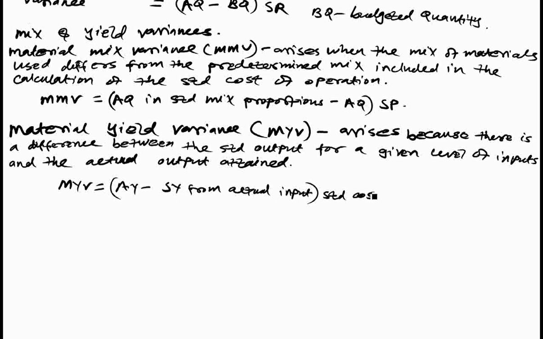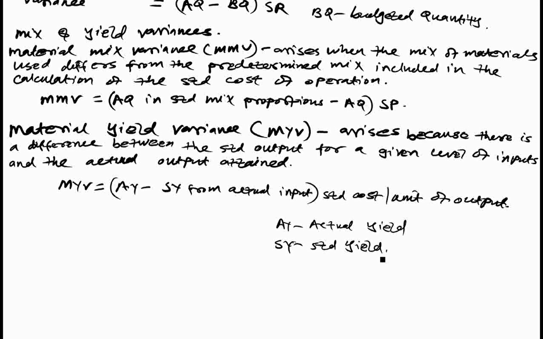So you can say what we mean by AY: AY is actual yield, and SY is standard yield.